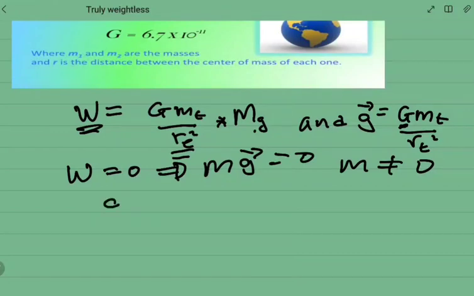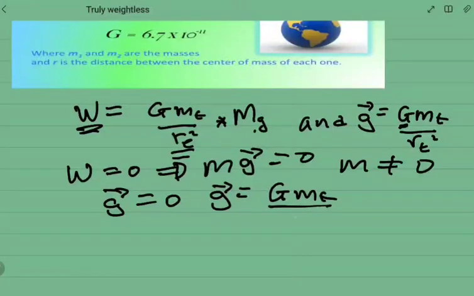What could be 0? The g could be 0. Where can g be 0? So we have to use the formula. g can be 0 when the gravitational constant times the mass of the earth over r squared is 0.